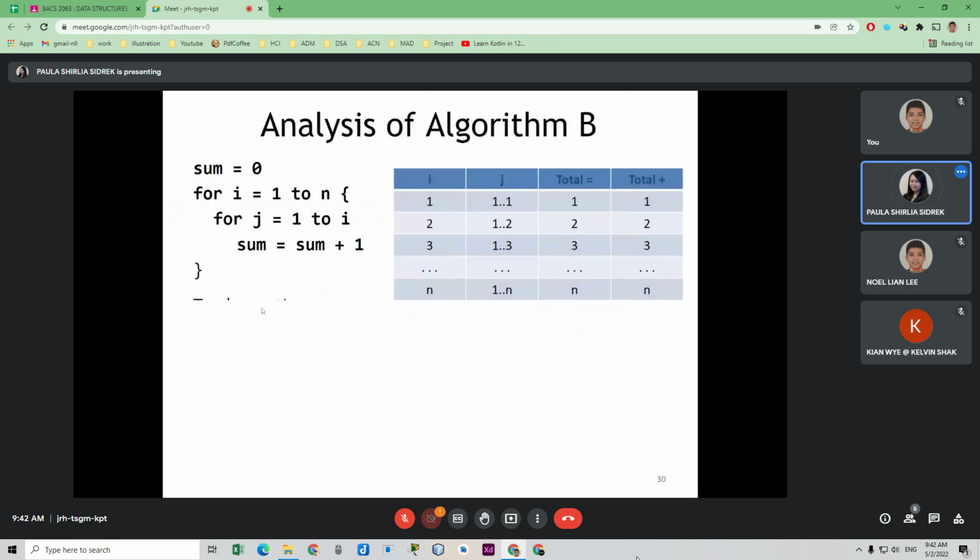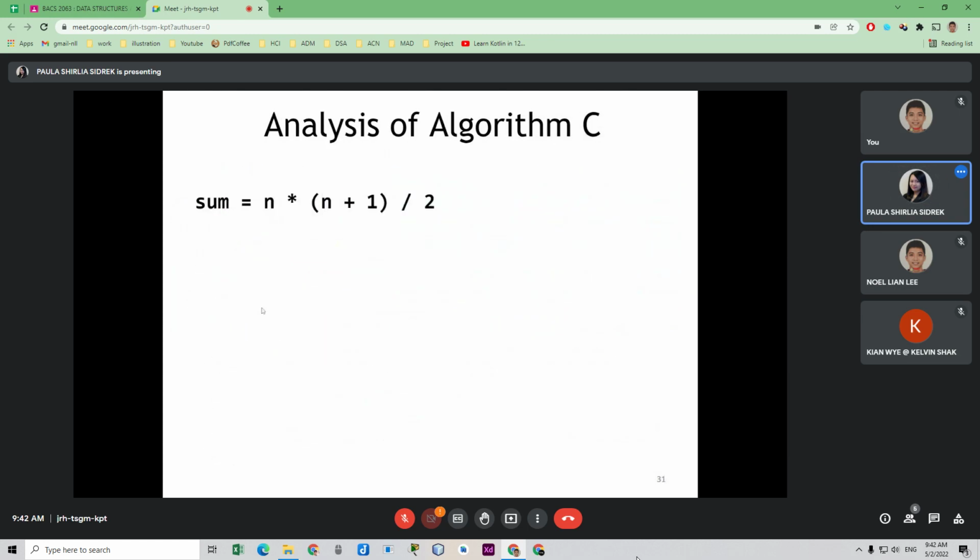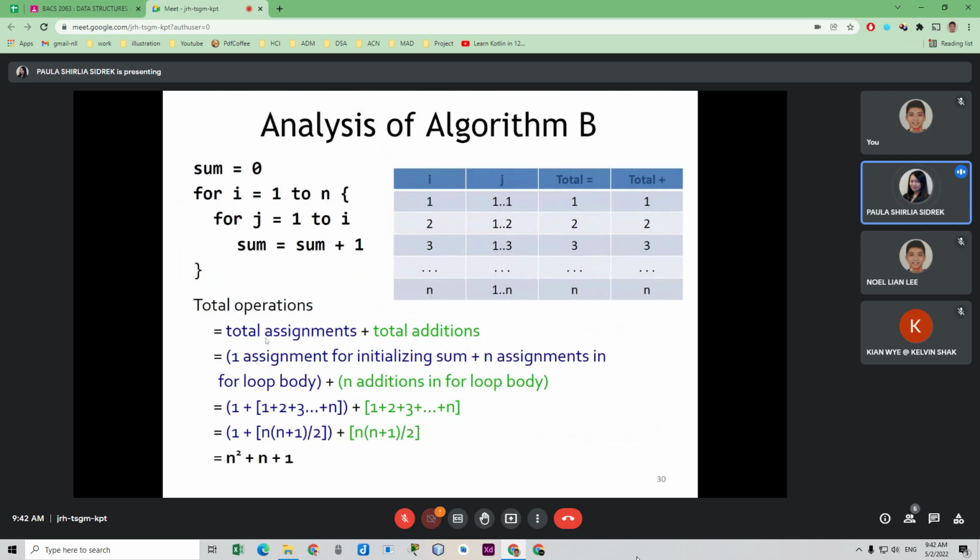Let's go back to that one. Yeah. So total assignments plus total additions, therefore referring to one assignment for initializing sum, and assignment for the loop body plus addition for the loop body.